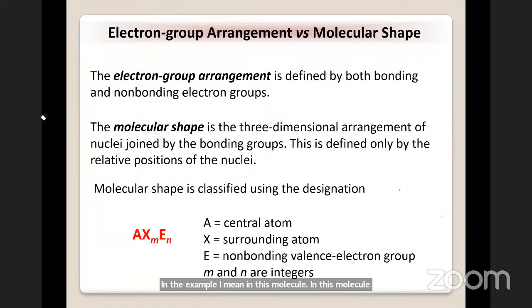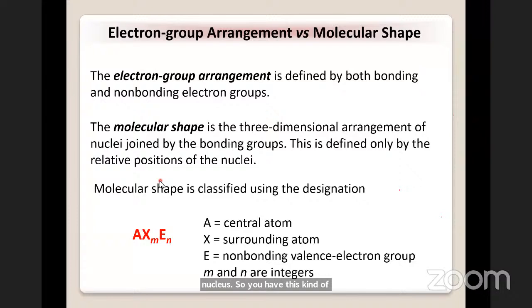You have the central atom bonded to the terminal atom, the surrounding atom. Then it can also have the lone pair. So the molecular shape is the 3-dimensional arrangement of the nucleus joined by the bonding groups, which is defined only by the relative position to the nucleus. So you have this kind of system.